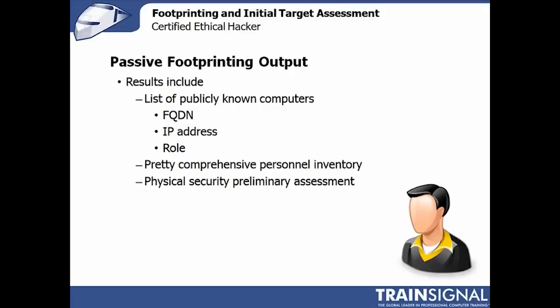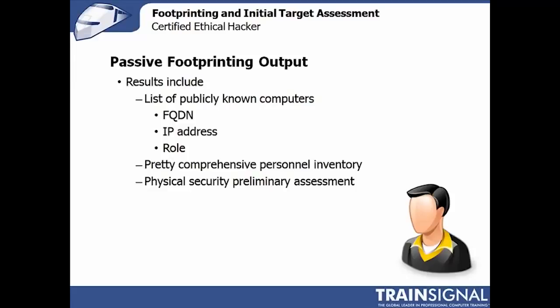A fairly comprehensive personnel inventory with the richness of social networking and social media, photographs and geotagging of photographs. You can get a pretty darn good idea of who works at this bank or whatever target it is, where they work, who they work for. All of this is great information.